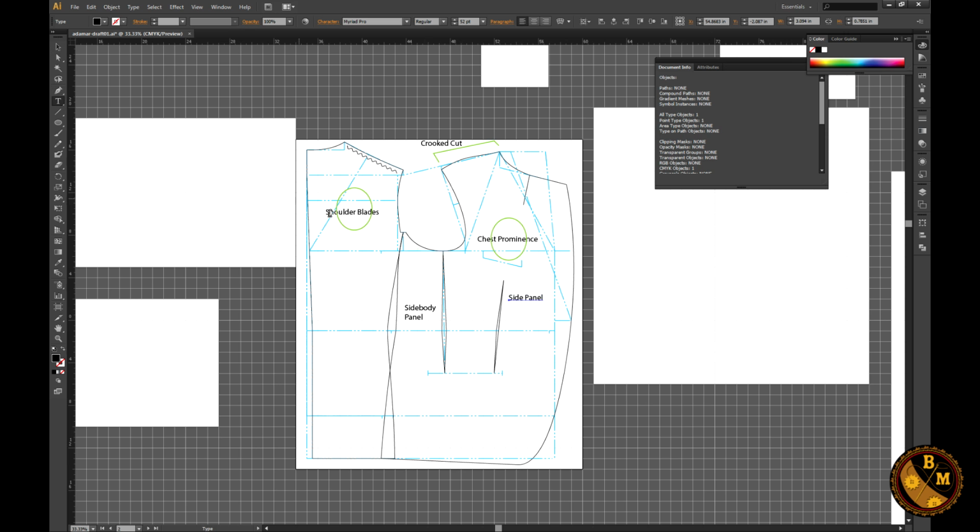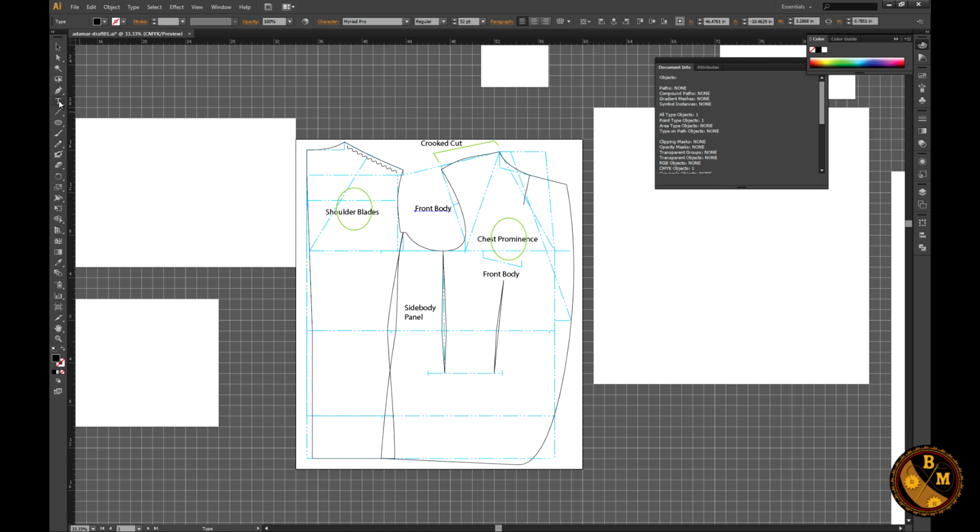This area in the front, from here to here, is your front body piece.